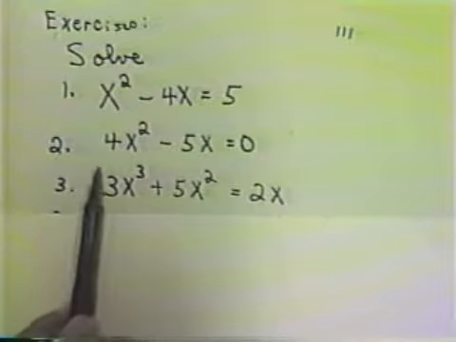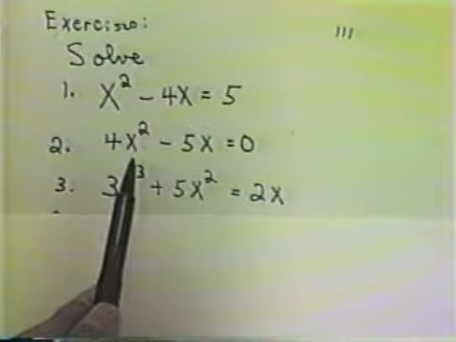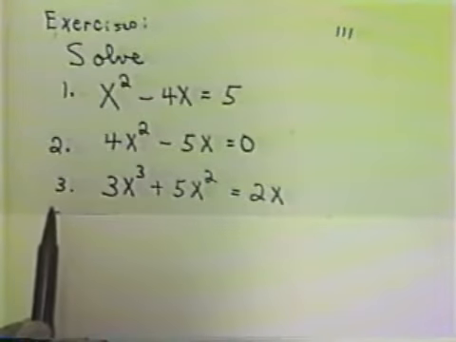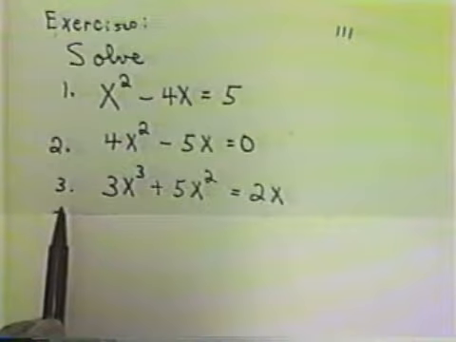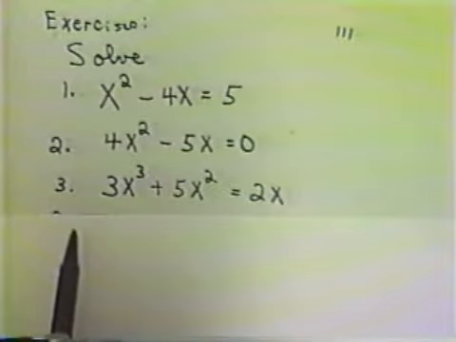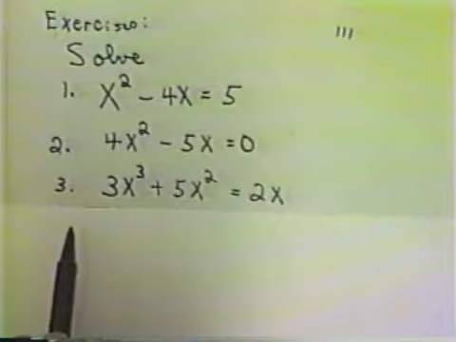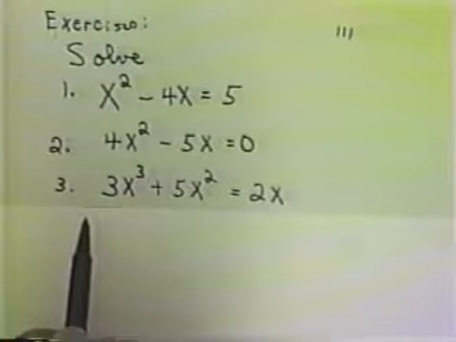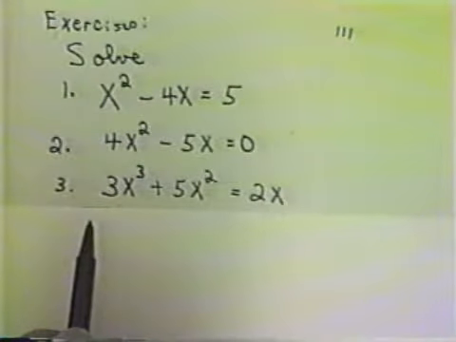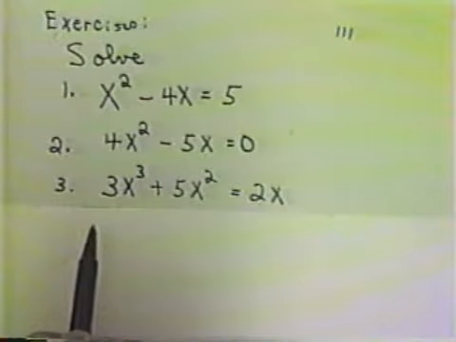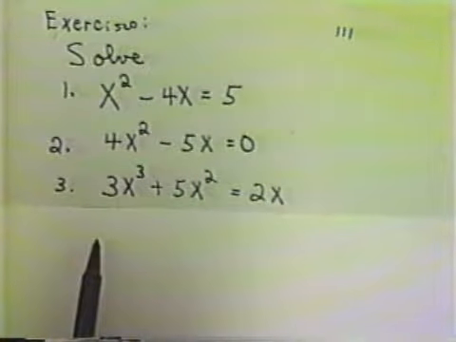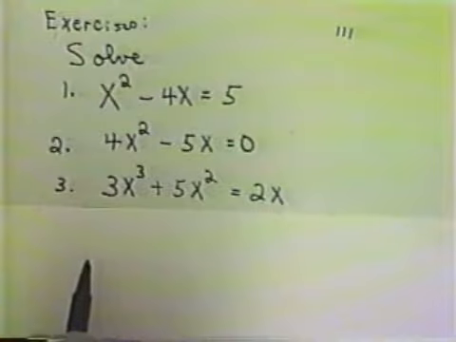The second one, 4x squared minus 5x is equal to 0. The third one, 3x cubed plus 5x squared equals 2x. Now look up on the screen and make sure you copied the problems correctly.